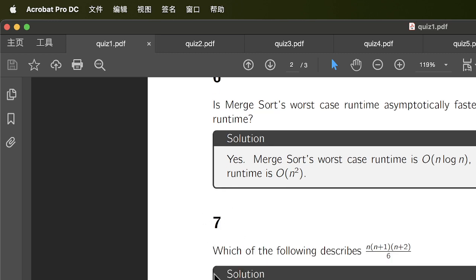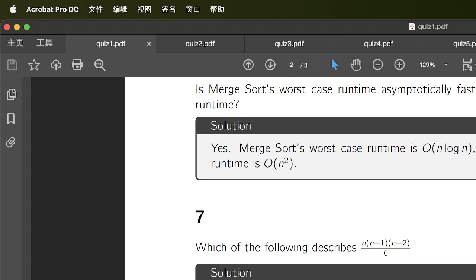Number 7, which of the following describes this equation? We can just rewrite this in another form. Like we can get n to the 4 with some constant, and we can get n cubed and n squared, something like that. Yeah, here's what we got.